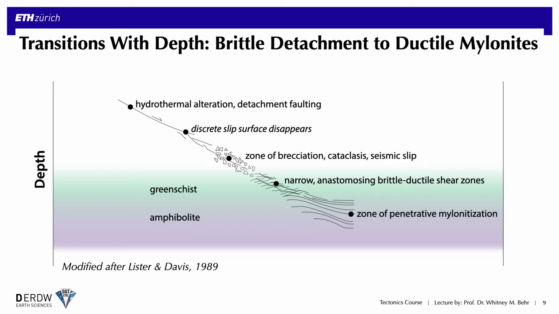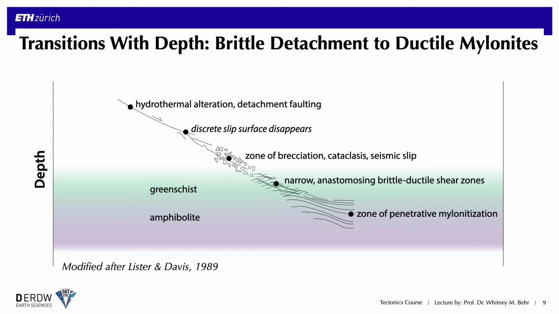I'm showing this sequence schematically here, and this is meant to represent the different deformation features that we see as we step structurally downward from the detachment fault itself into the interior of the metamorphic core.